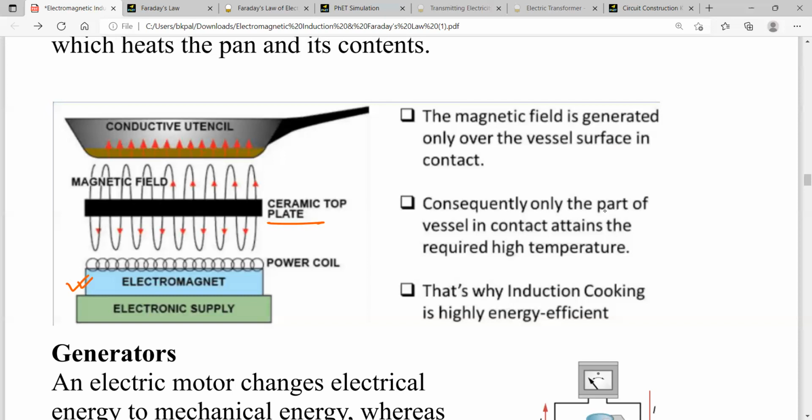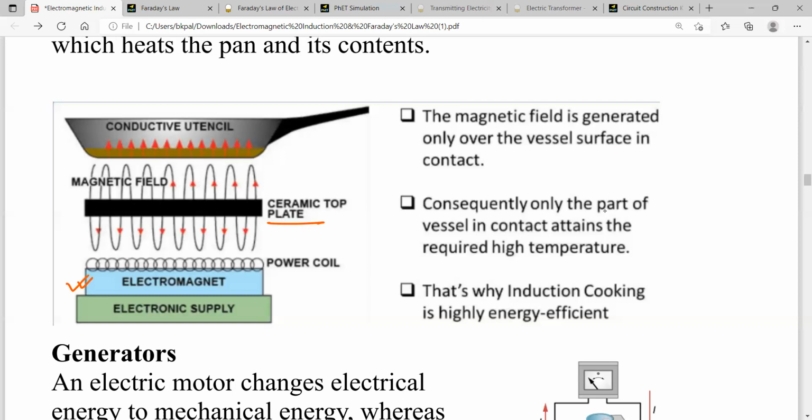Alternating current changes its direction 60 times in 1 second. So the magnetic field produced in or around the coil is also changing 60 times in 1 second.